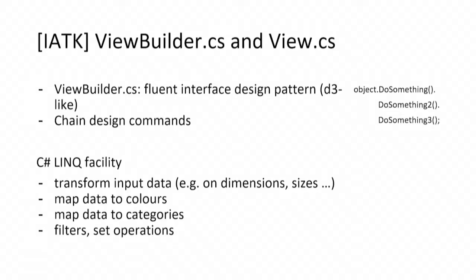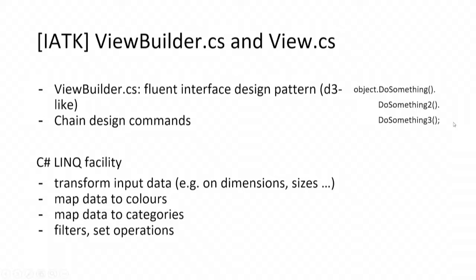Diving in a little bit, the two classes, ViewBuilder.cs and View, use a Fluent Interface design pattern. So that's kind of D3-like. If you're used to programming JavaScript, you've probably seen this a lot. The idea is that we chain actions together on a particular object. So we might say object, do something, dot, do something else, dot, do something else.